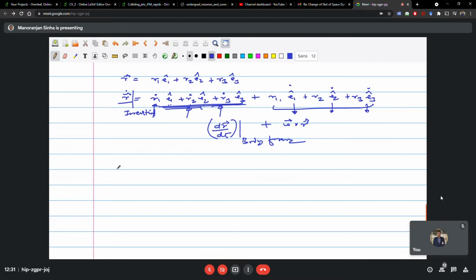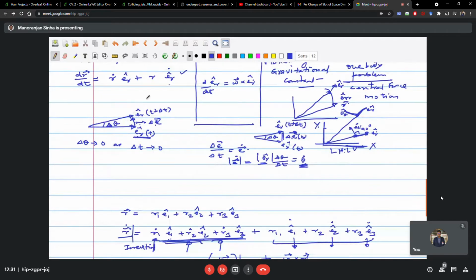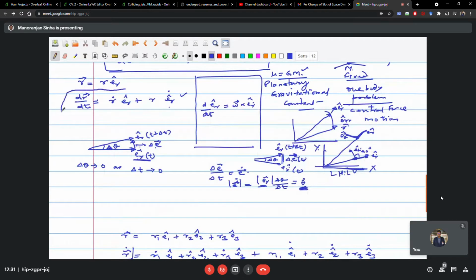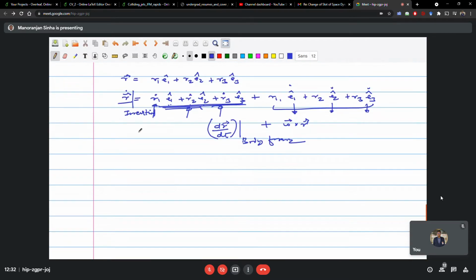Now going back to our original thing, this particular one. The way we have described, we are using polar coordinates, and therefore R dot becomes R dot times ER cap plus omega cross ER cap. And omega is how much here?